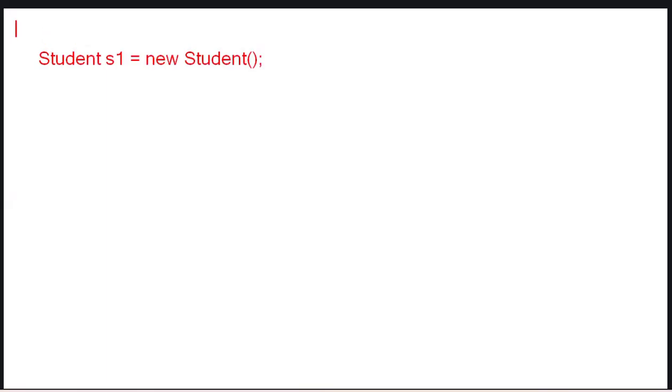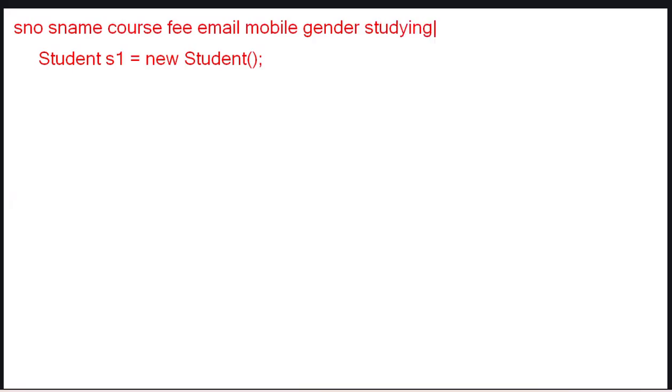The student object contains student number, student name, course, fee, email, mobile, gender, and then studying status. These are the values I am sending from the keyboard.